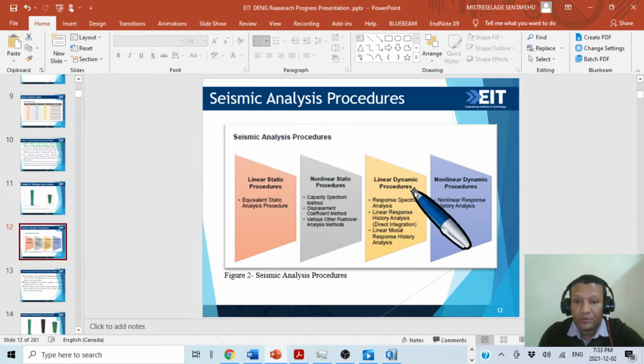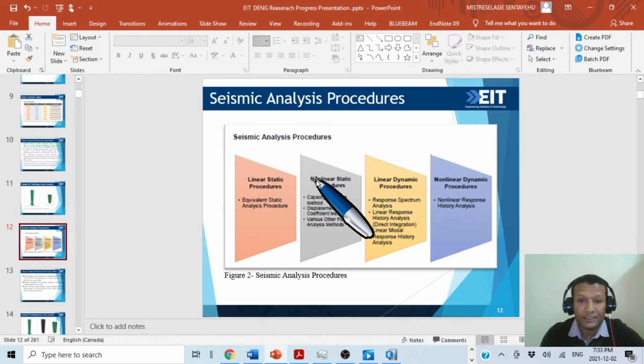Linear dynamic procedures: response spectrum analysis, linear response history analysis, which is direct integration, and linear modal response history analysis, which uses the concept of mode shapes, and this is direct numerical methods. Both methods are there in our options in ETABS. I will show you. Nonlinear dynamic procedures, nonlinear response history analysis, this is also the last part.